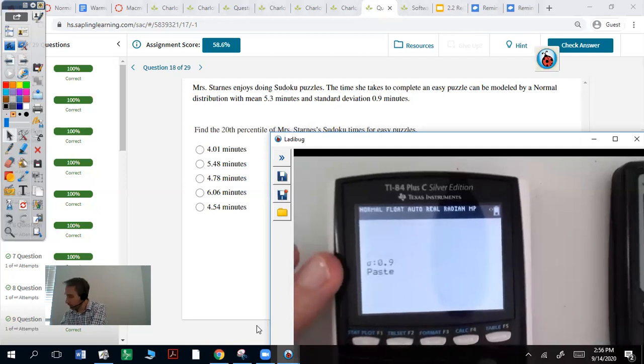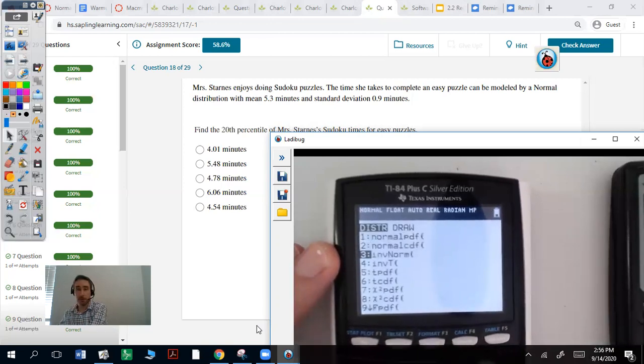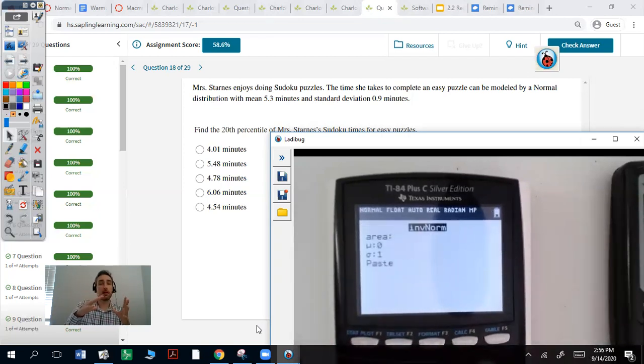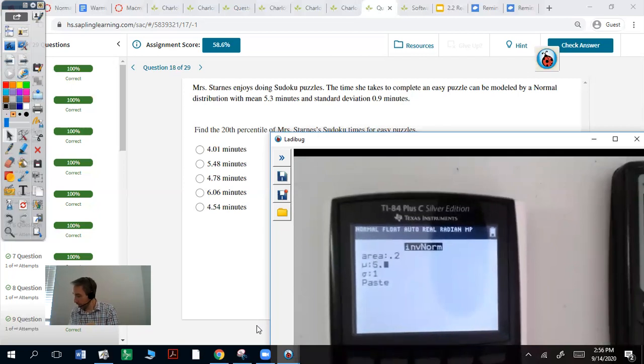Second vars, inverse norm means to get a value from the percent. So the area is always going to be that or below. That's how percentiles work too. So you can put 0.2 for 20th percentile, change your mean to 5.3, and your standard deviation to 0.9.